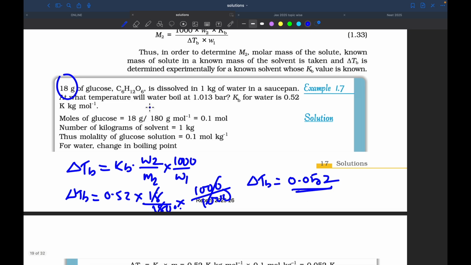So what we are asked to calculate is, at what temperature will water boil?